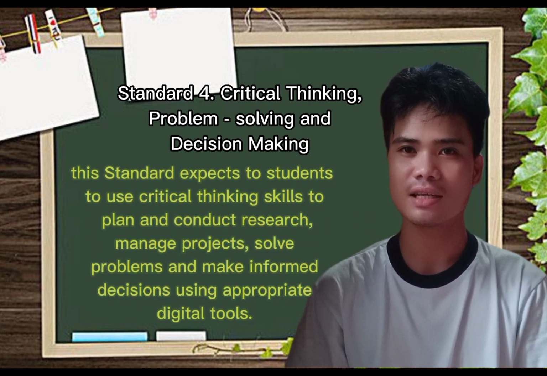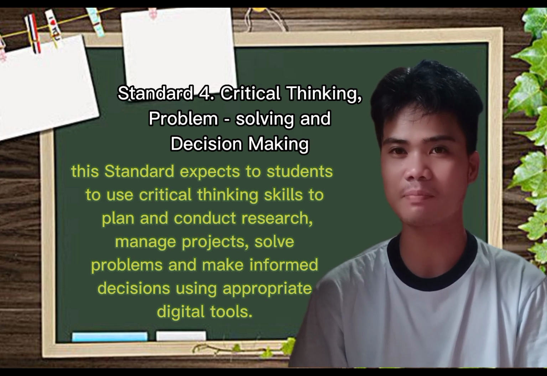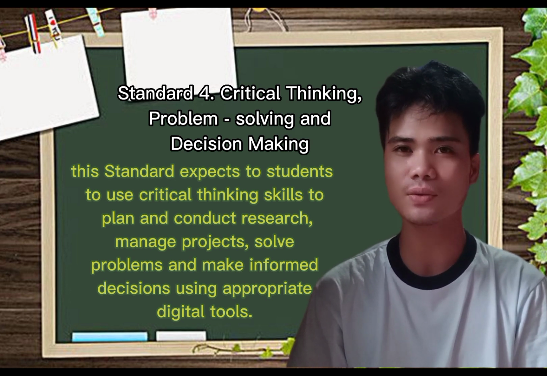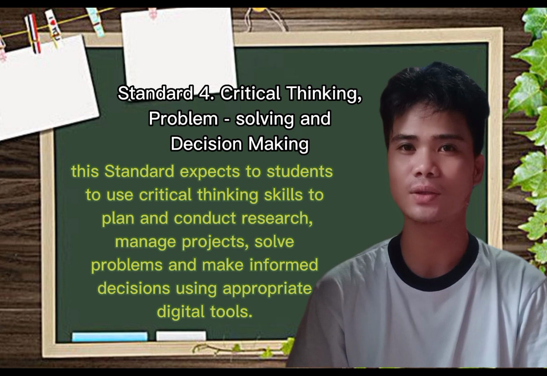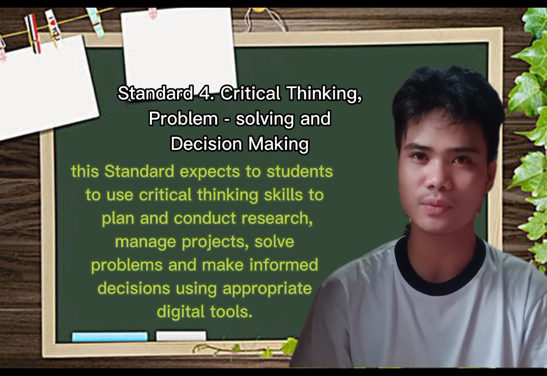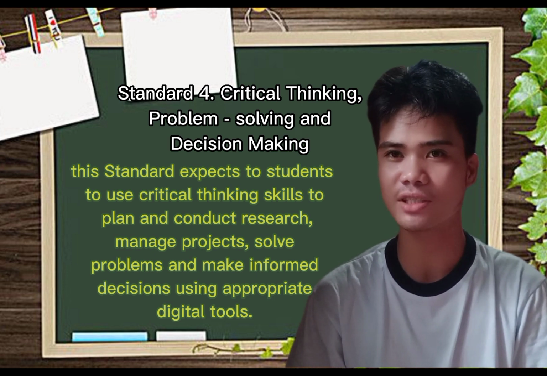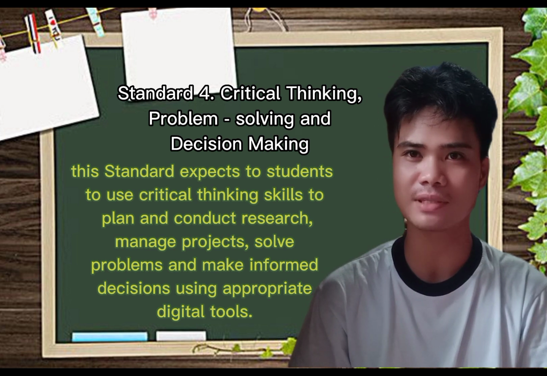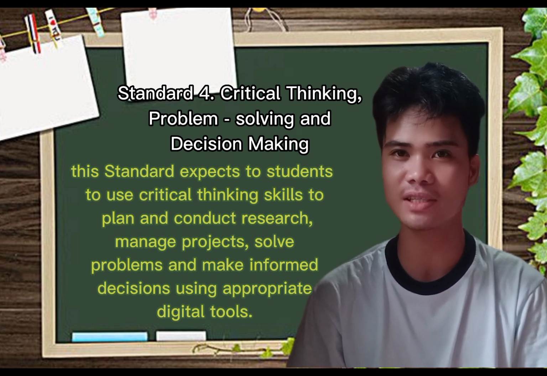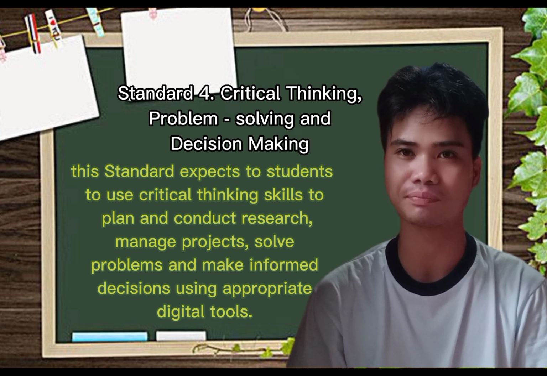This means that this standard expects students to use critical thinking skills to plan and conduct research, manage projects, solve problems, and make informed decisions using appropriate digital tools.